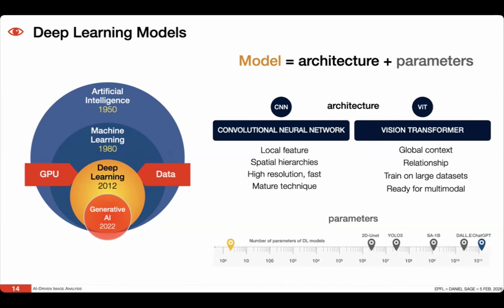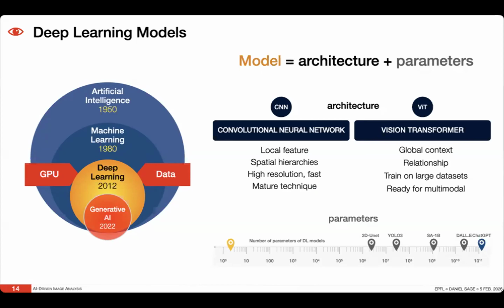It's trained on massive data, so we need very, very large data sets. The advantage of that one is that it's ready for multimodal. The image is decomposed into patches. A patch is a token, a piece of information, but we can have a token that comes from another modality, or even a text or something else.